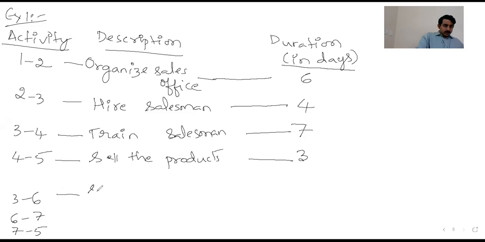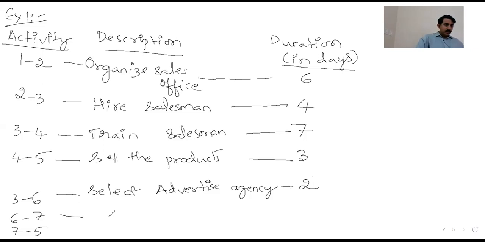So next, select advertising agency. For this selection, how many days are being considered? Only 2 days. In 2 days, the selection of the advertising agency will be done.